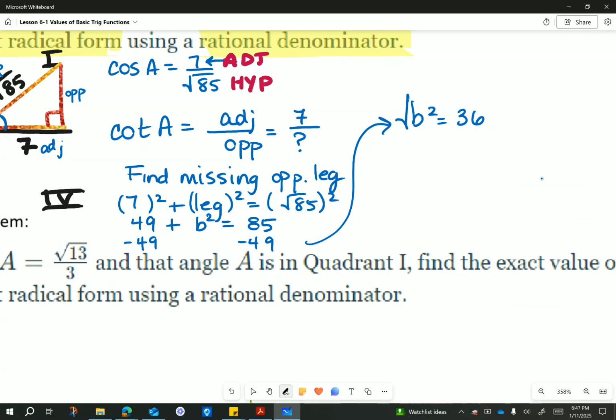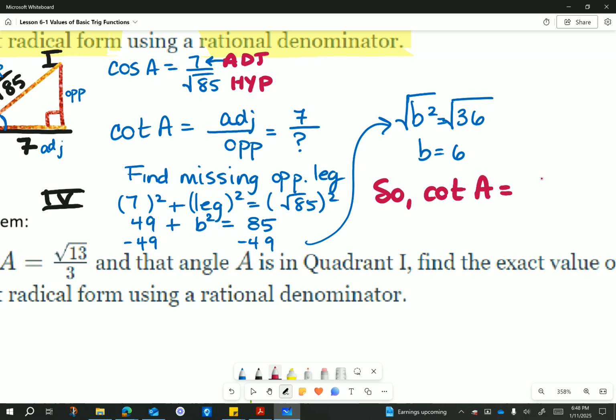Thankfully, 36 is a perfect square. So when I take the square root of 36, it's just going to be a 6, and I'm not going to have to do any factor tree with this one. I needed to find the opposite length, so now I have enough information. The cotangent of A is 7 over the length I just found, 6.